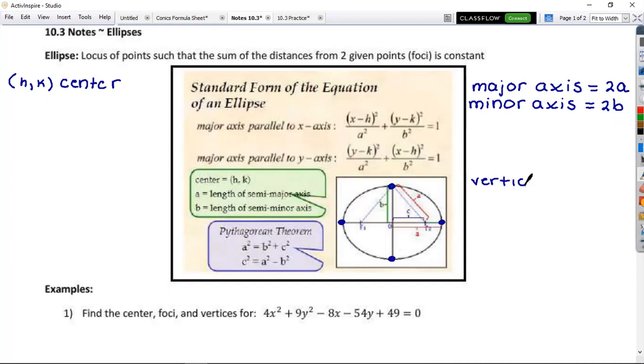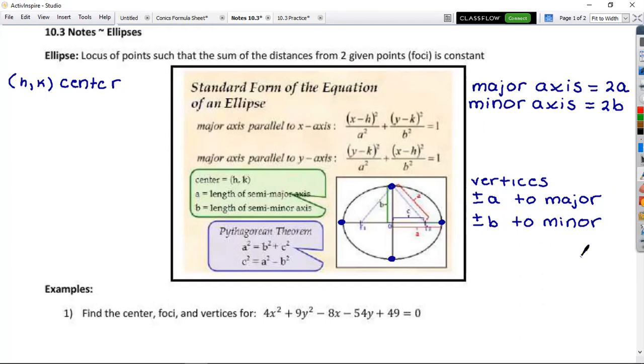So vertices, the rule is you're going to do plus and minus A to the major. So whatever value is your major, your X or your Y. And then you're going to do plus and minus B to your minor. And again, we'll do big examples of this as well.